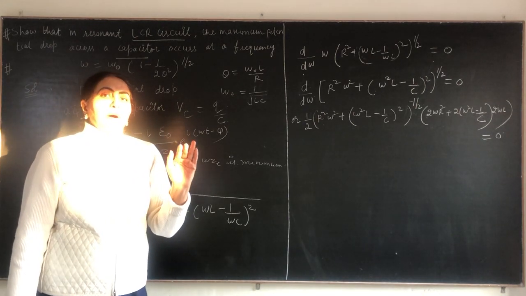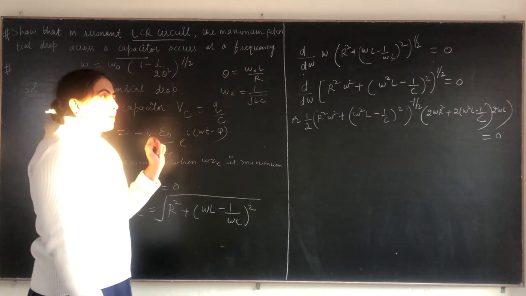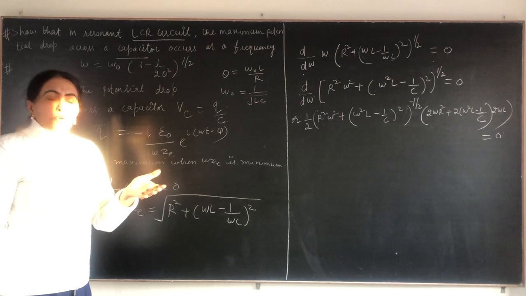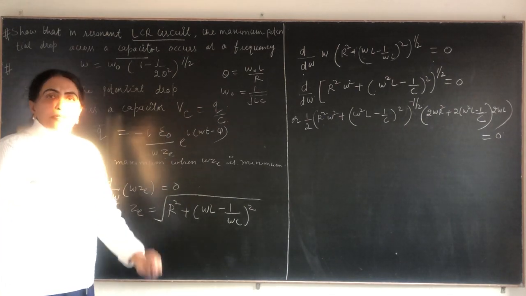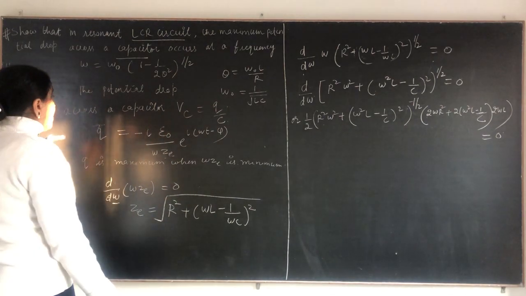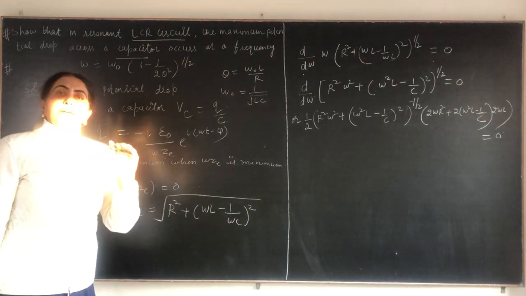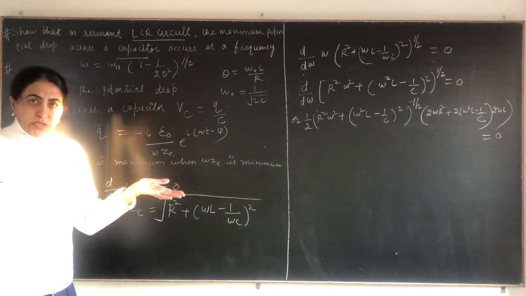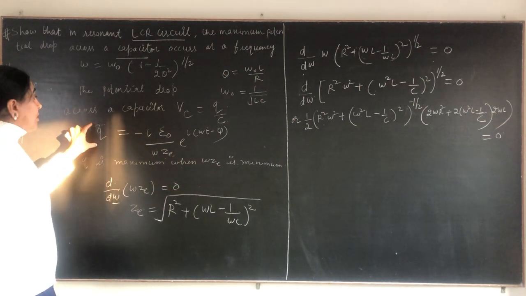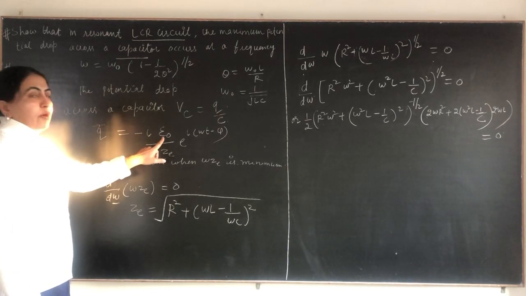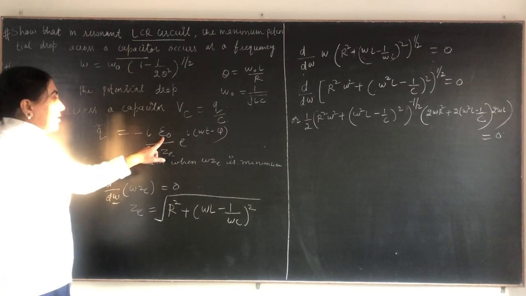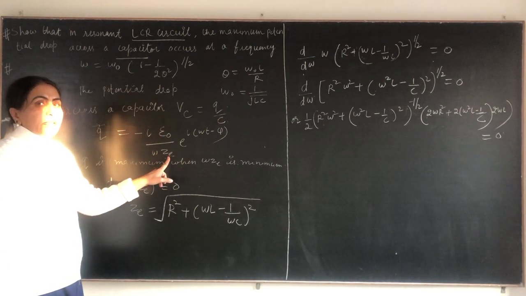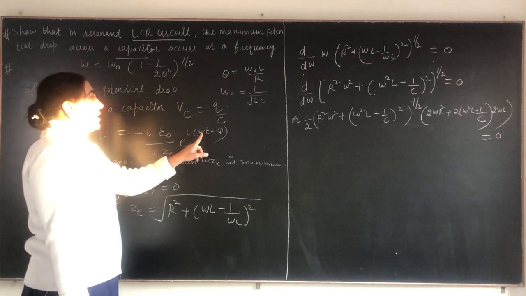Maximum potential drop across a capacitor. Across a capacitor, the potential drop is equal to q by C, where C is the capacitance and q is the charge. In a forced electrical oscillator, q is equal to, as we have derived in previous lectures, minus iota xi naught, or you can say E naught, the potential drop, upon omega Zd, Zd being the electrical impedance, times e raised to iota (omega t minus phi).